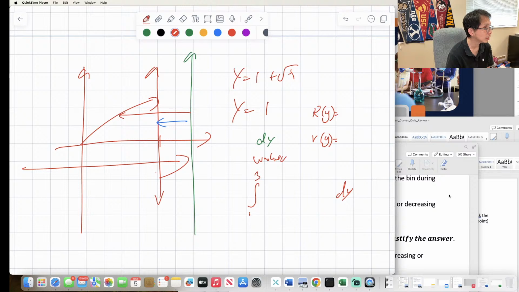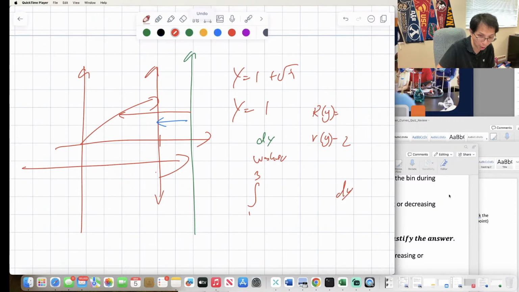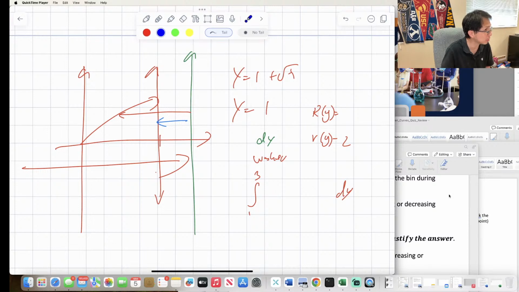Remember, yesterday I said draw from the axis of rotation to the function. This is what I'm looking for. How far is that? 2, not 2 squared. Squared later. It's just 2. There's always 2. It doesn't matter where. Got it?